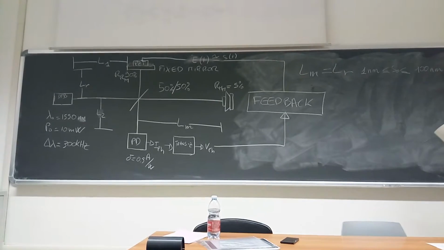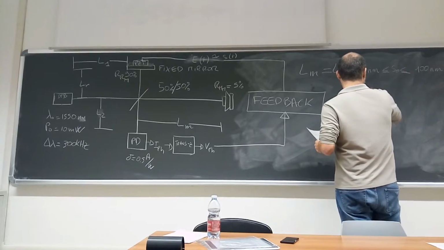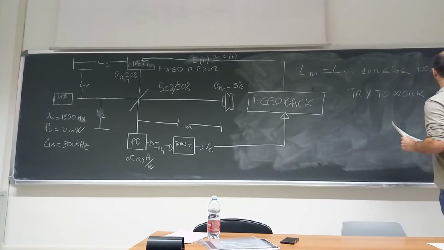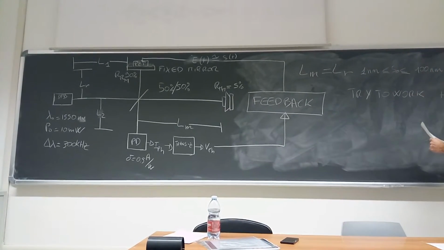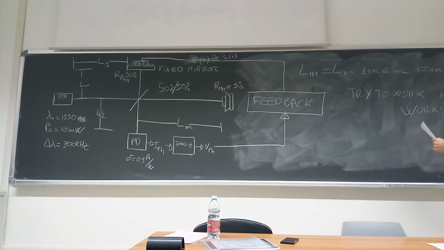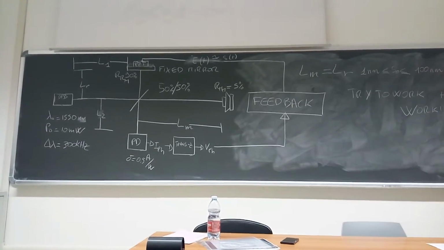The maximum displacement is, of course, lower than lambda 0/2. Okay? So I need to change something in my approach. For example, one of the possible solutions is to try to work at the alpha fringe working point. Okay? This is the idea.